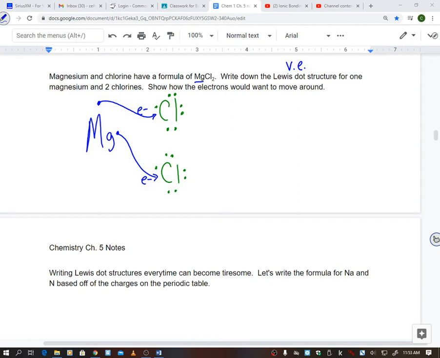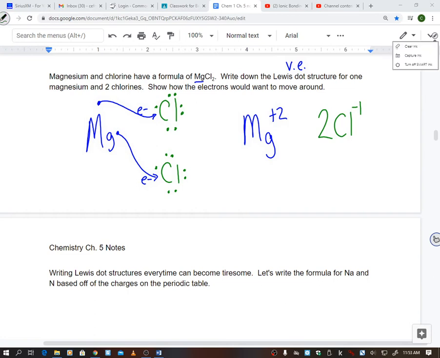It doesn't want to get rid of just 1. So it needs 2 chlorines there in order for this reaction to happen. All right, so now they're both stable. We have a magnesium that is a +2. I have 2 chlorines, which are -1, and they will connect because of this opposites attract.